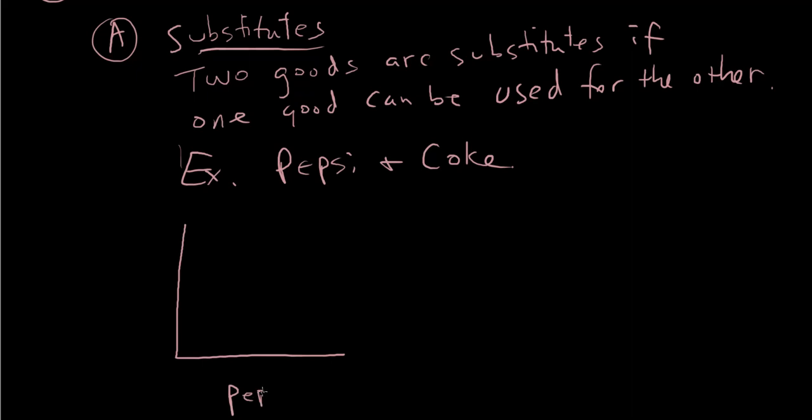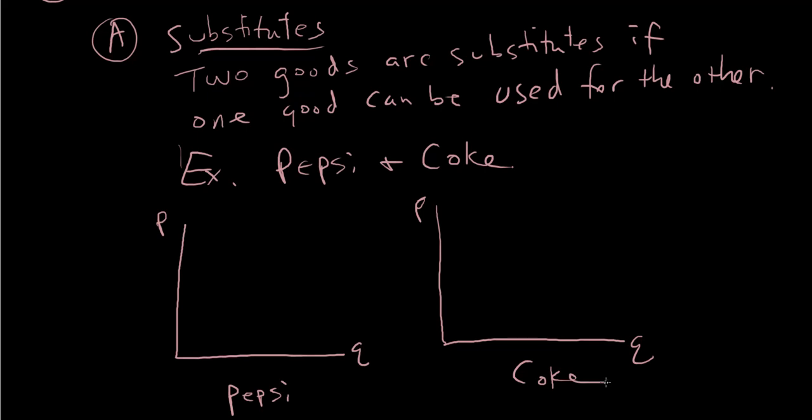Here's a Pepsi market. And here's Q and P, the Coke market, right? So here's a demand, right? Now, suppose currently the price of both Pepsi and Coke is 25 cents a can. Okay, so 25 cents a can.